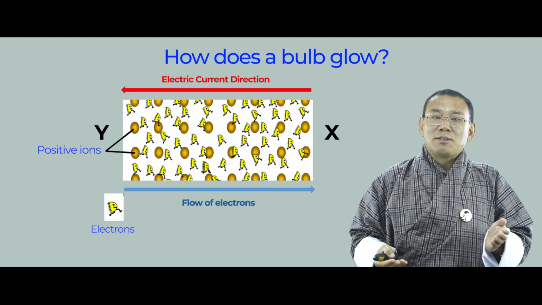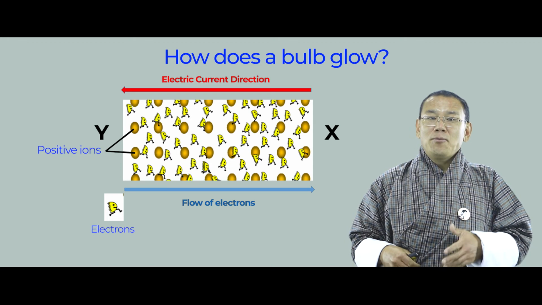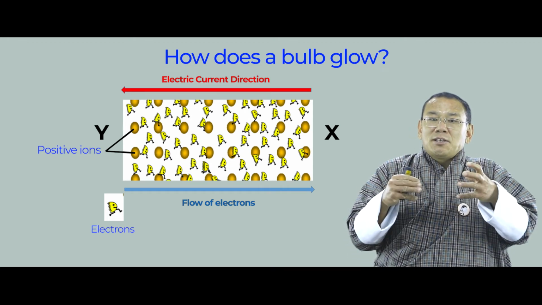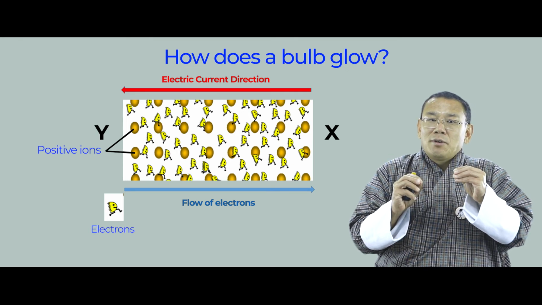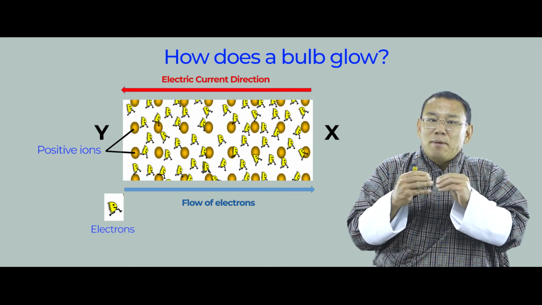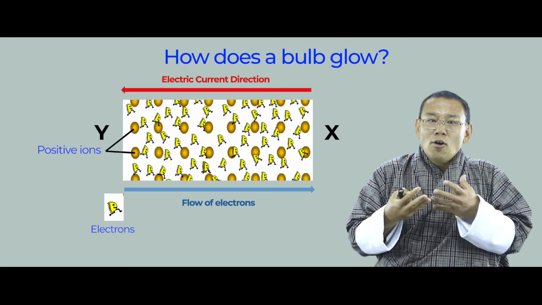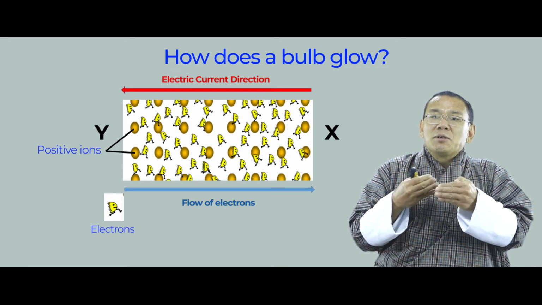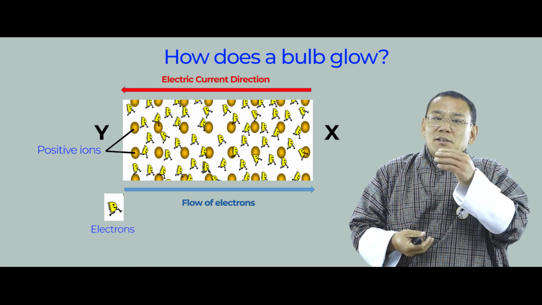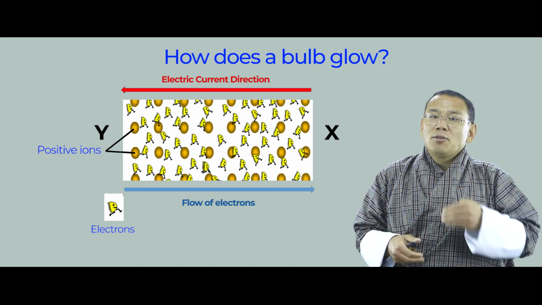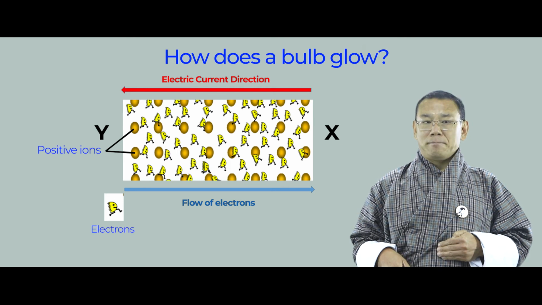In the process, the movement of the electrons, or we say the drift of the electrons, is disturbed by the collisions among themselves or with the positive ions. And this disturbance in the motion results in something called resistance of the wire.